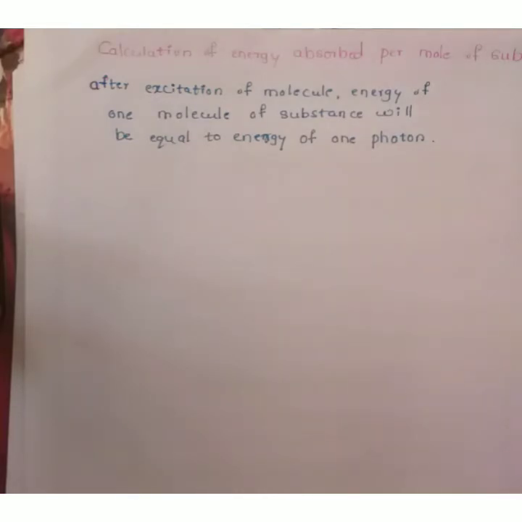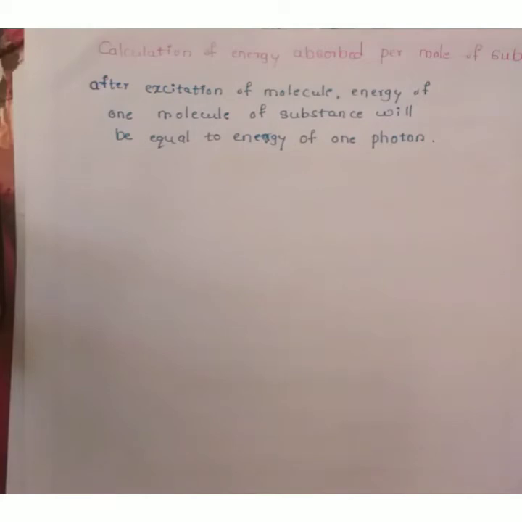Based on Stark and Einstein's law, they have calculated the energy that is absorbed per mole of the substance. That is, the calculation of energy absorbed per mole of the substance. How are we going to calculate it?